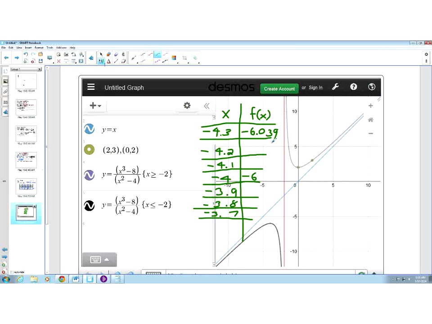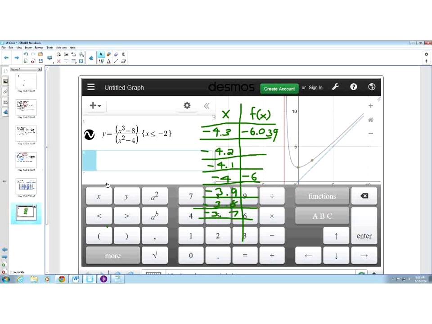Instead of using the calculator, how about I just do this? I bet I can use this graphing calculator to calculate it. So let's see what the output is at negative 4.2.